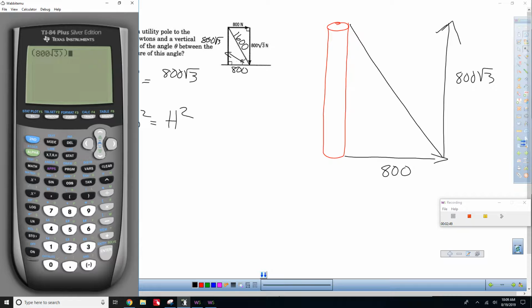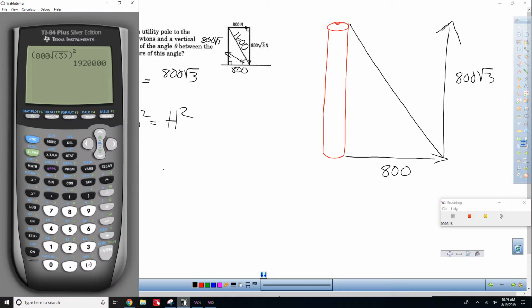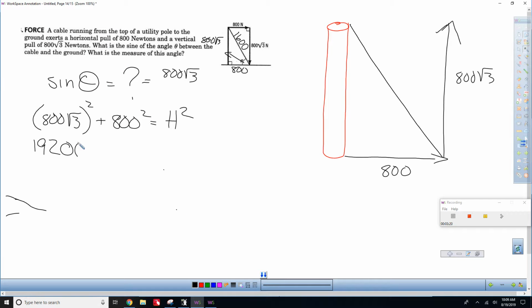It's a little tricky. Squared equals. All right, here we go. 192 with 4 zeros. Plus 800 squared. Well, it's going to be 64 with 4 zeros.